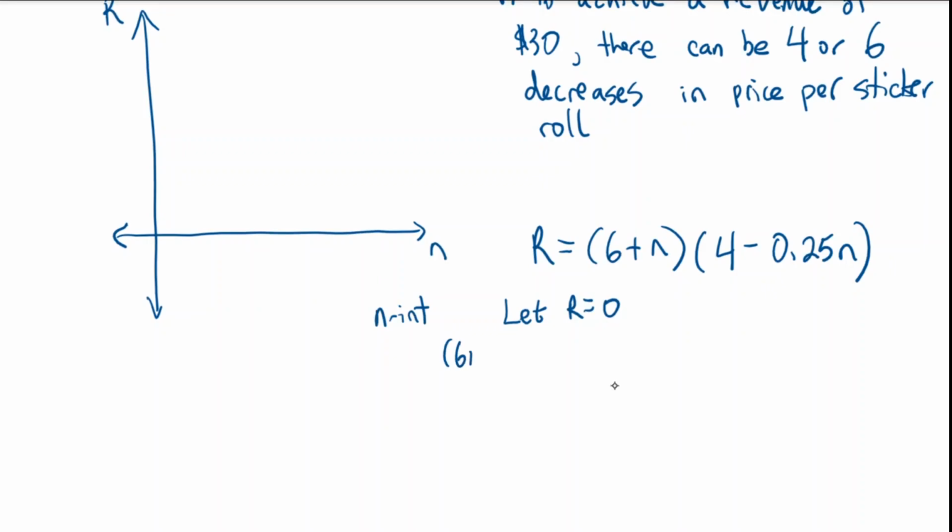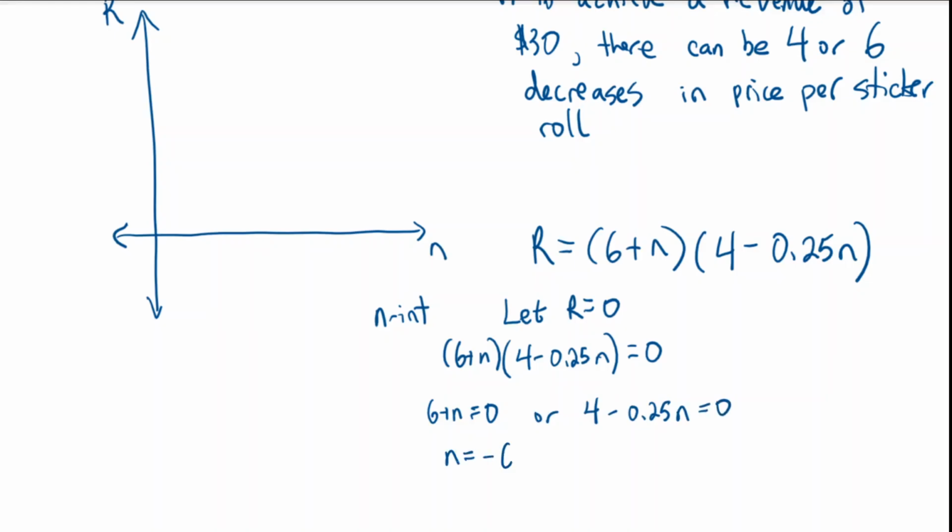So we have (6 plus n)(4 minus 0.25n) equals 0. This gives us 6 plus n equals 0, or 4 minus 0.25n equals 0, which means n equals -6, or n is going to equal... let me do this in 2 steps for completion.